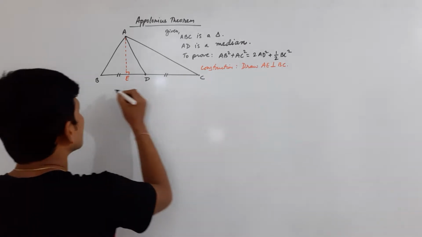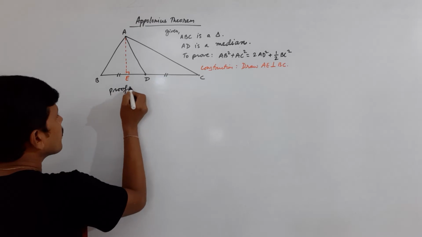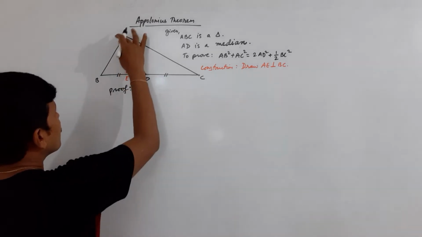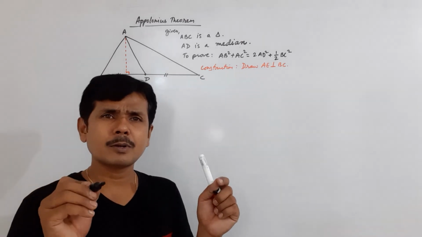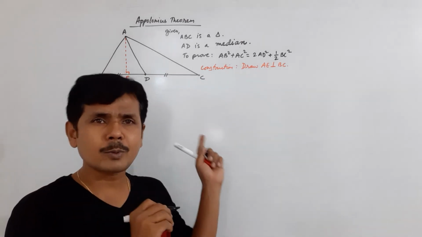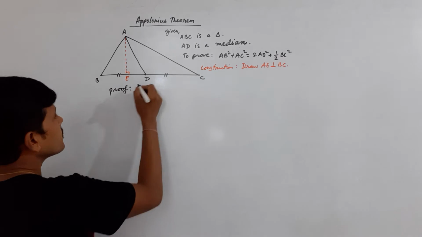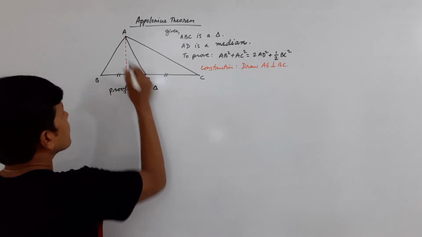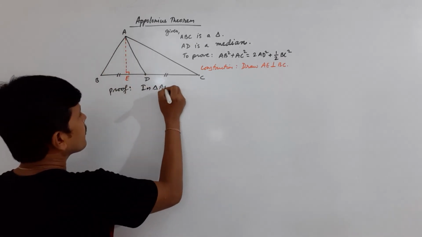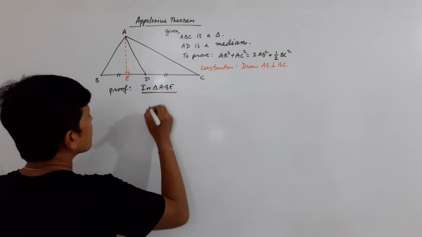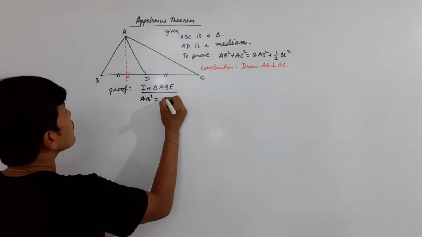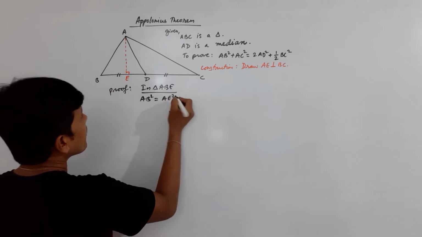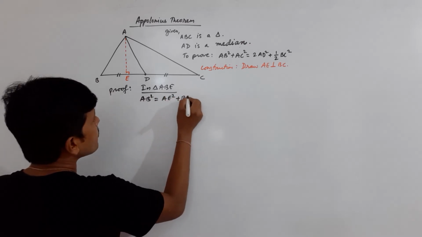Okay, next we have to prove it now. Let us go for the proof. Now we are going to use Pythagoras theorem at least 2 to 3 times over here. In triangle ABE, AB square is equal to AE square plus BE square.